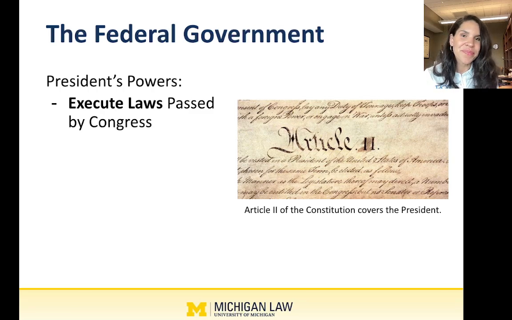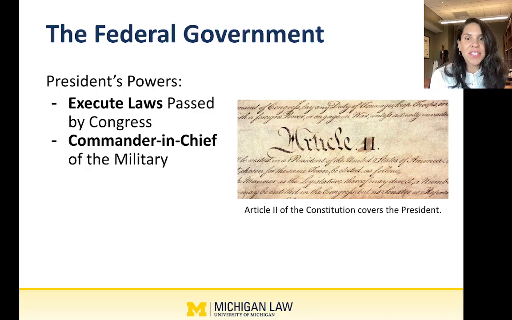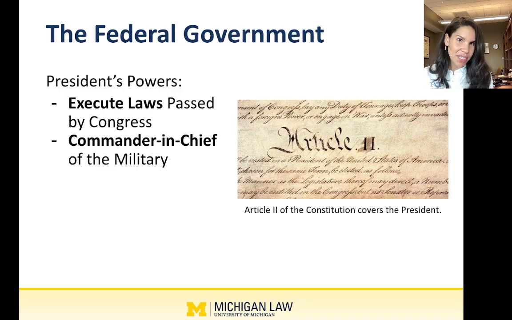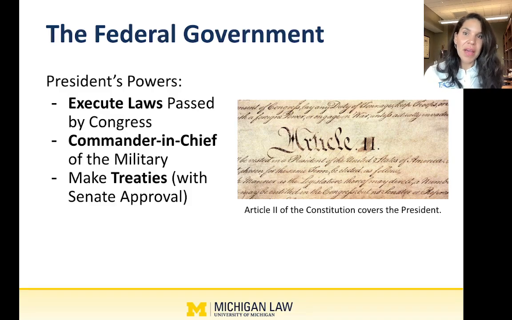It's quite powerful. The president is also the commander-in-chief of the military. So if you remember, Congress has the right to declare war, but the president gets to control the military in executing that war. The president has the ability to make treaties, although the Senate is required to approve any treaty that the president makes.